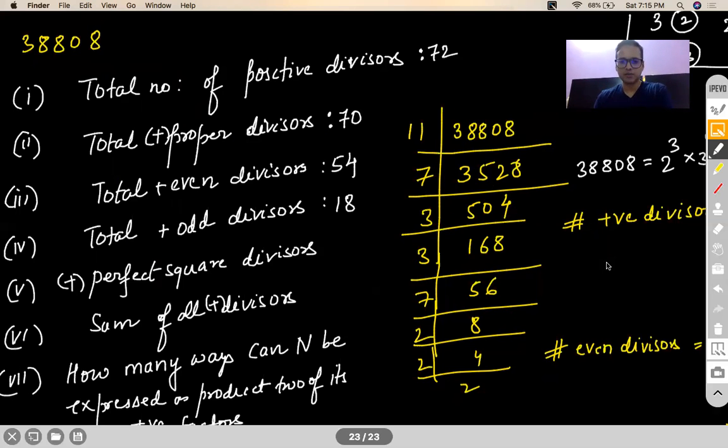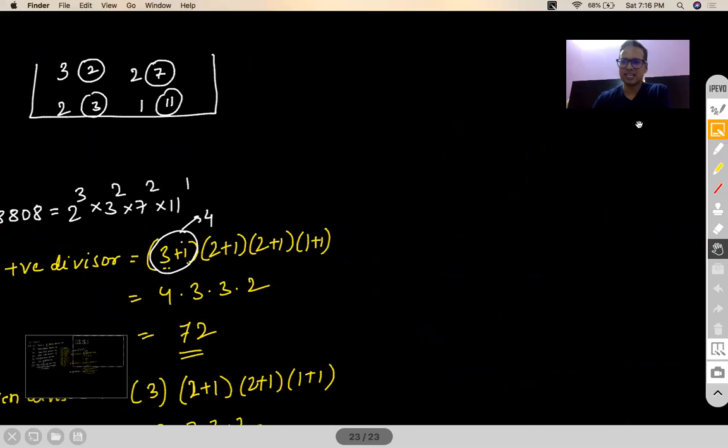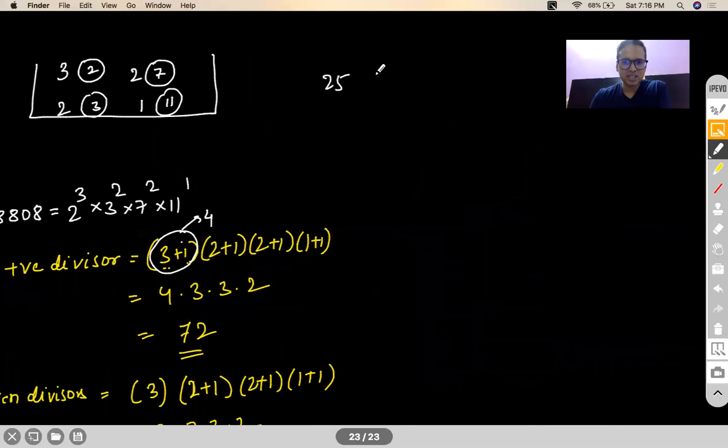Okay, now for the fifth one, please understand, if you want to pick up a factor which is a perfect square, then you have to pick up an even number of those pickings. What do I mean by that? See, any perfect square that you know of, let's say I talk about 25. In 25, 5 is picked up twice, right? Let's say I take a simple number like 36.